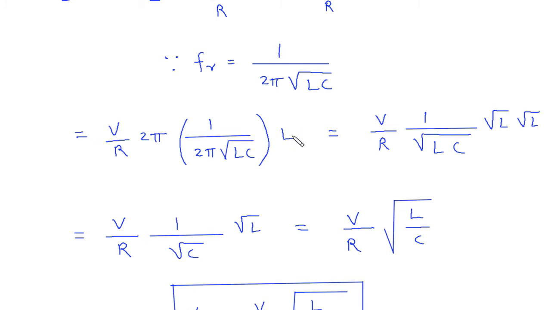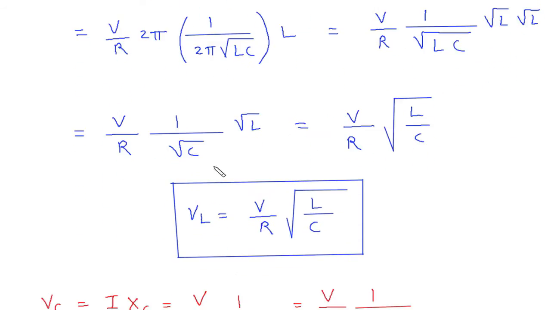Now we can write L as under root L into under root L. This under root L will get cancelled with the under root L in the denominator. So what remains is under root L divided by under root C, which we can write as under root of L by C. So finally we get VL is equal to V by R into under root L by C.